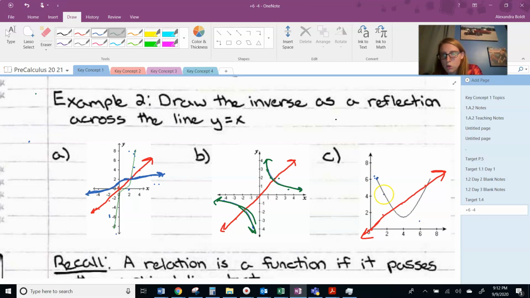Here's a point at about (2, 4), so I'm going to go to (4, 2). There's a point at about (4, 2), so there's going to be a point at (2, 4). There's a point at (6, 4), so there should be a point at (4, 6). So (6, 1), (2, 4), (4, 6). It kind of does that.